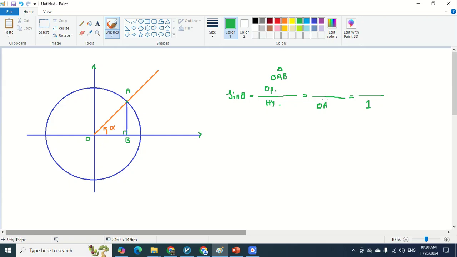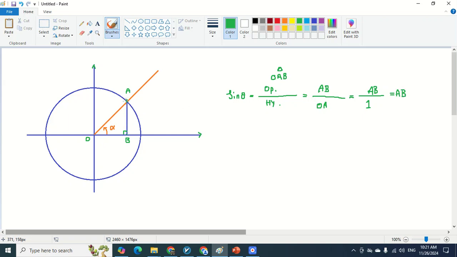Moreover, the opposite side is equal to AB. In other words, AB determines the sine of theta. So this gives us the information about the sine values.